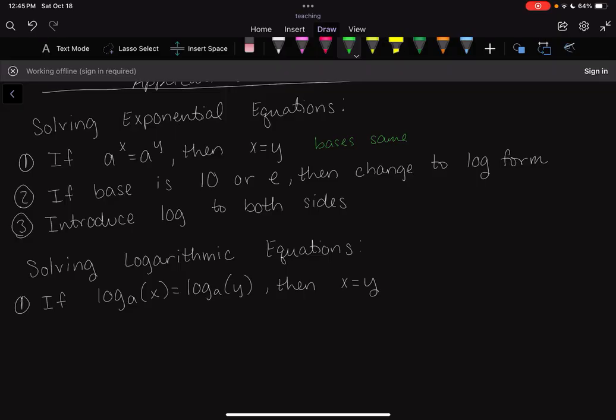If you have log on each side and the bases are the same, you can just look at what is inside the log. You can get rid of the log completely. That'll be really helpful.